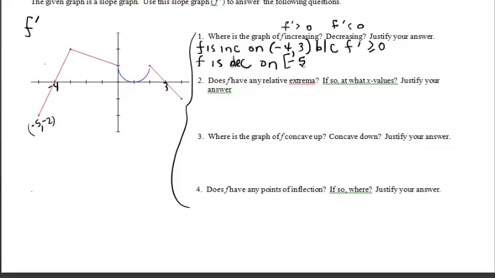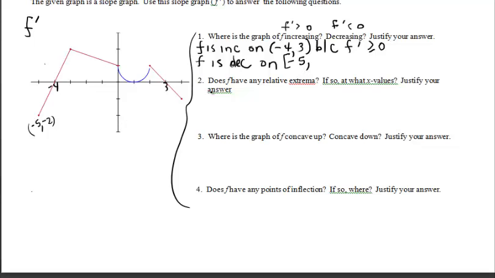I'm going to include that with an endpoint here. I'm going to include it with a bracket because that negative 5 right there is below the x-axis, a negative number. So I know the function is decreasing on negative 5. It would be fine if you put a parenthesis here too, but I think it's important to note that you do want to include negative 5 as a y value that's less than 0.